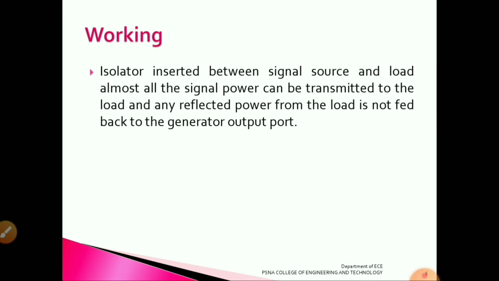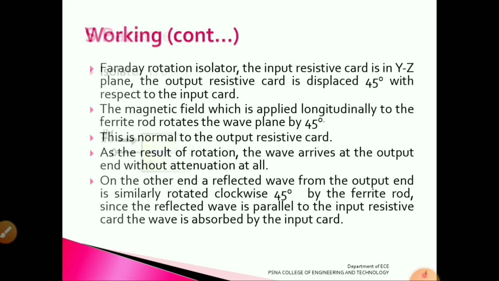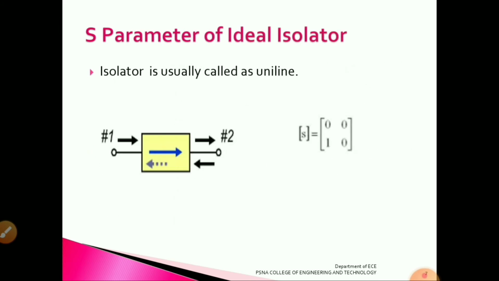So this is the working as already explained. Now S parameter of the ideal isolator. Due to the isolator working, the isolator provides minimum attenuation to the wave traveling from the input to the output side.